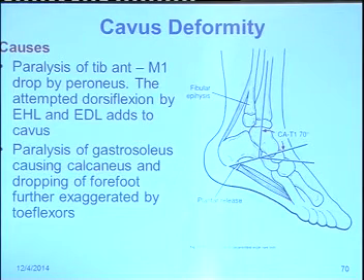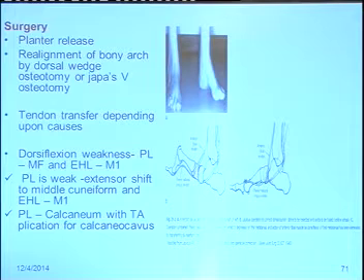Cavus deformity is very commonly seen. They develop this with all these kinds of deformity because the peronei pull the first metatarsal and lead to cavus deformity. Surgery is in the form of plantar release, or you do a Japas V osteotomy to correct the cavus deformity.